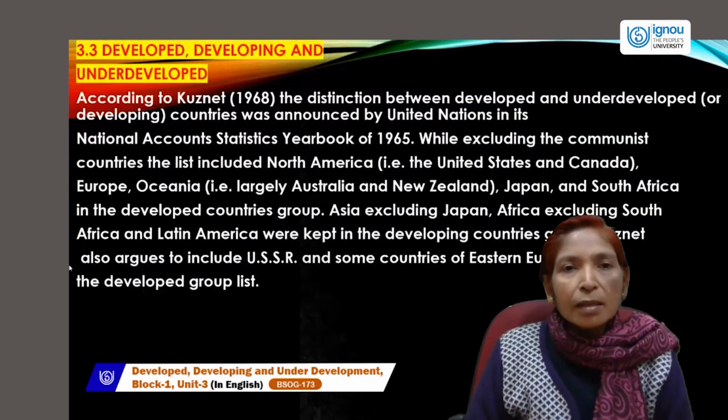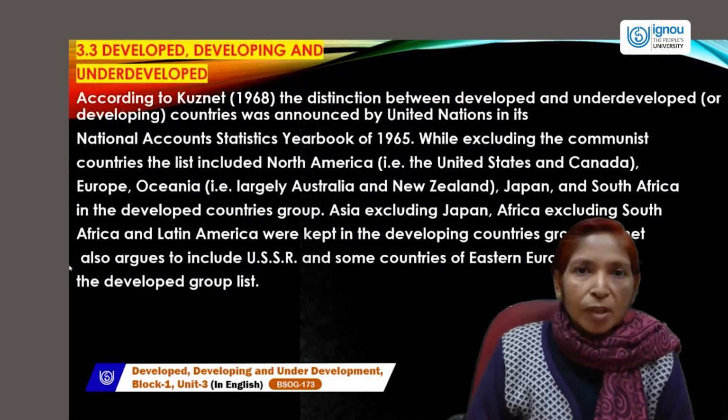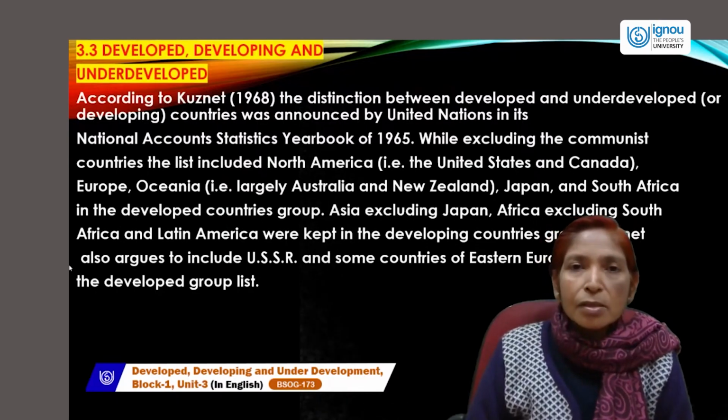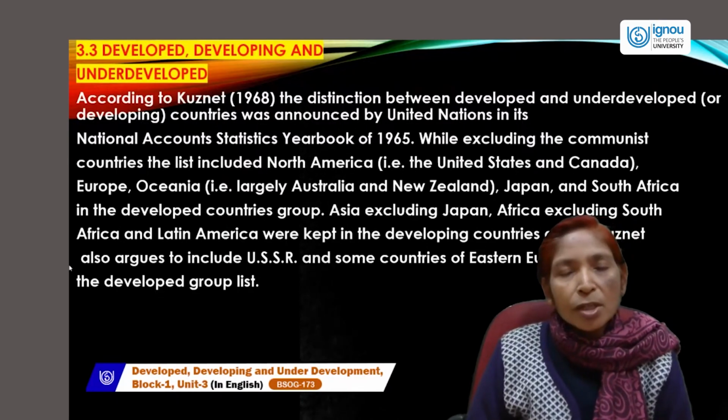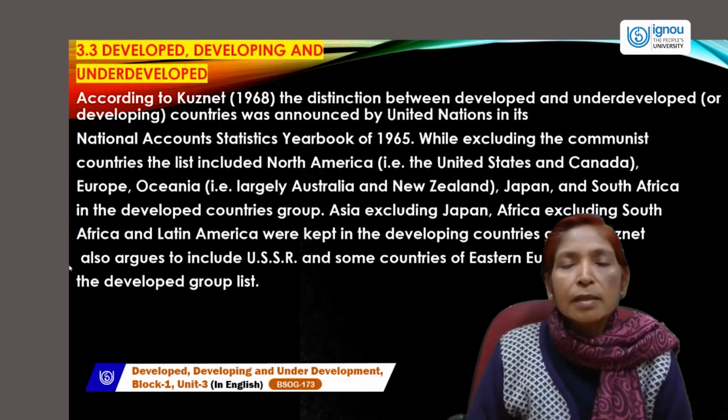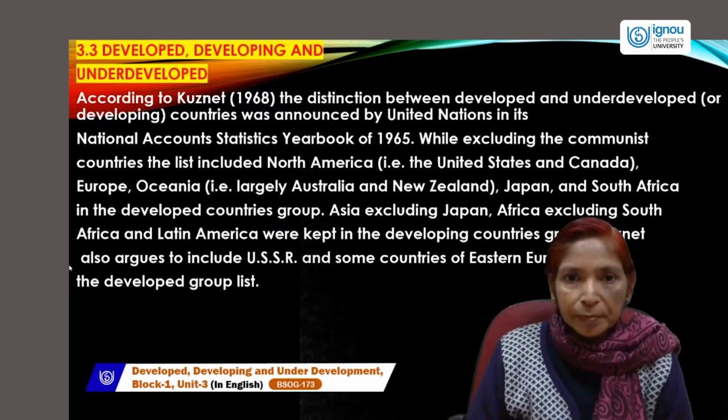Developed, developing, and underdeveloped. According to Simon Kuznets in 1968, the distinction between developed and underdeveloped or developing countries was announced by the United Nations in its National Account Statistics Yearbook of 1965.